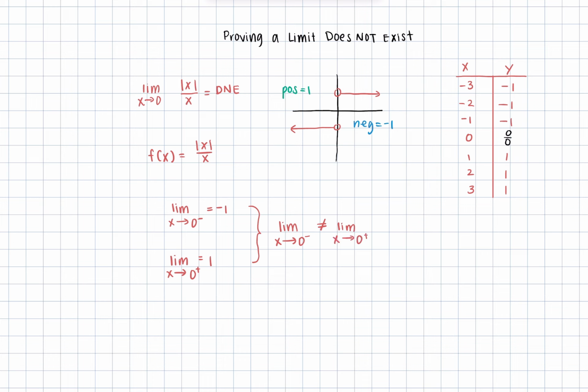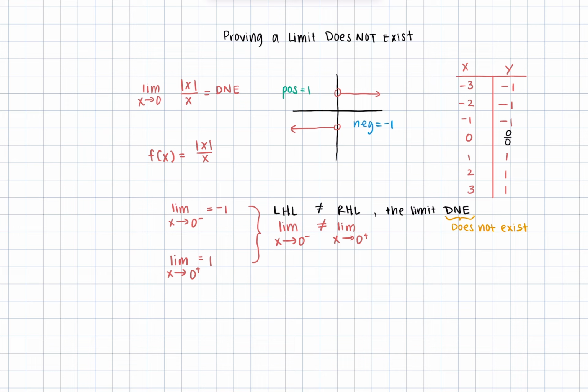So as you can see here, since the left-handed limit does not equal the right-handed limit, the limit does not exist. DNE again means does not exist. Let me write that to the side. Does not exist.